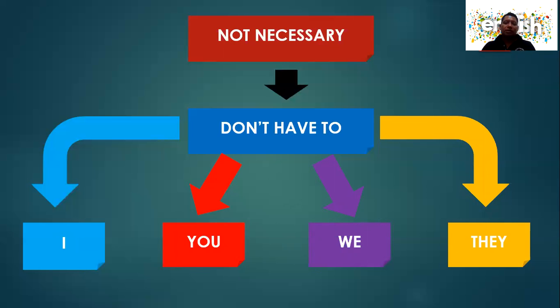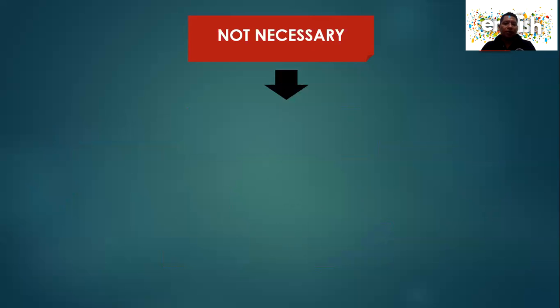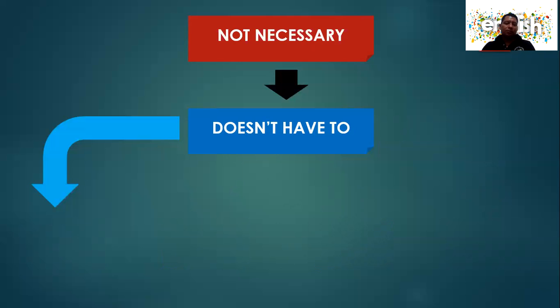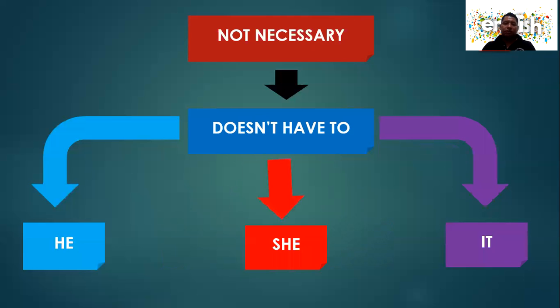And now let's see with the third person singular. And we say doesn't have to. And this is with he, she, and it. This is not necessary. Now let's go to the last one.